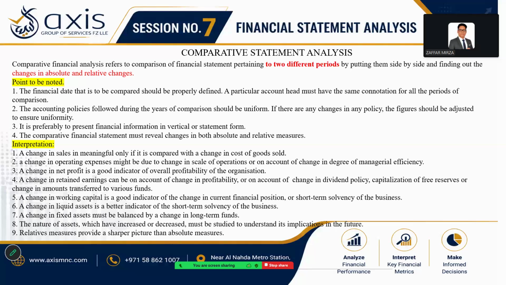So what I'm trying to tell you is, when you do trend interpretation of operating expenses, the change in operating expenses might be due to a change in scale of operations or a change in the degree of managerial efficiency.